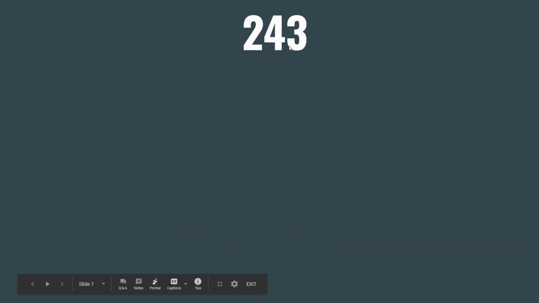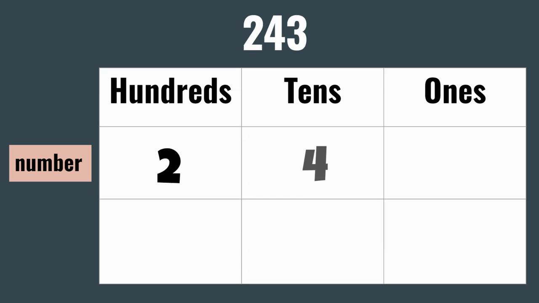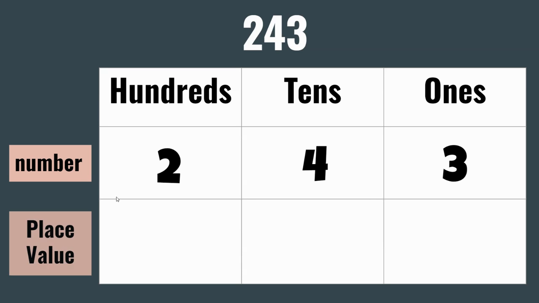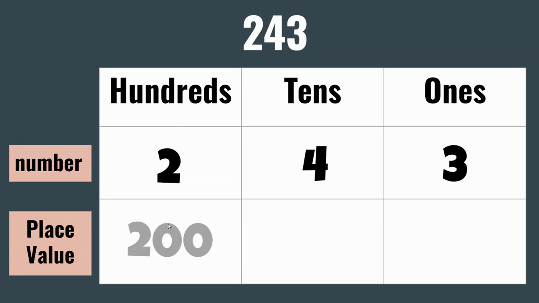Now, let's try to write 243 in the place value chart, and at the same time, let's look for the value of each digit. Now, 2, 4, 3. So it's time for us to look for the place value of each digit. Since 2 is in the hundreds column, it means that there are 200.